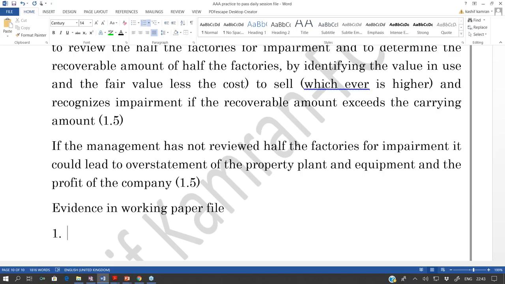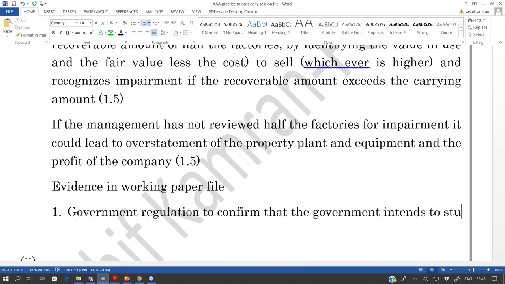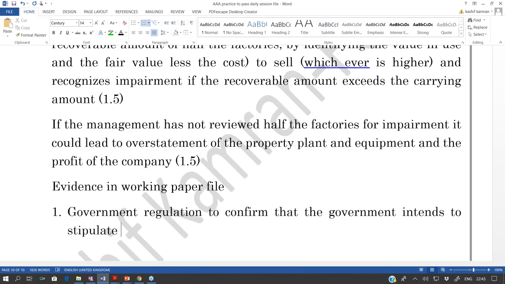So the very first evidence I should have in my file is the government regulation to confirm that the government intends to stipulate the use of chemical over the next 3 years.